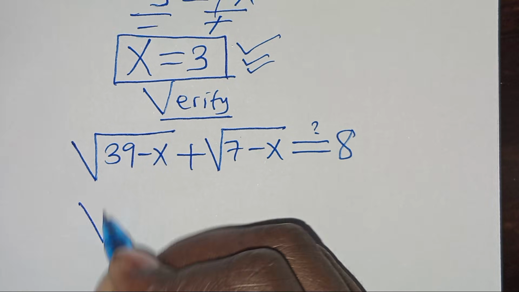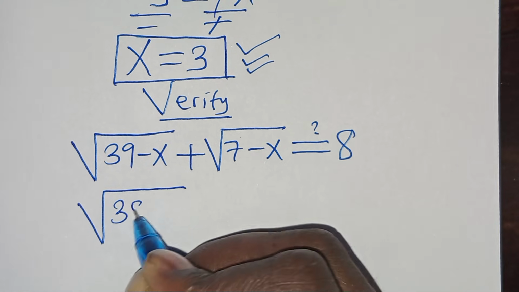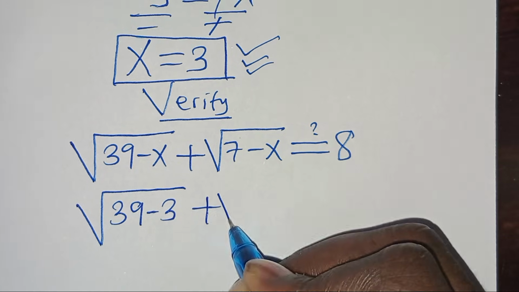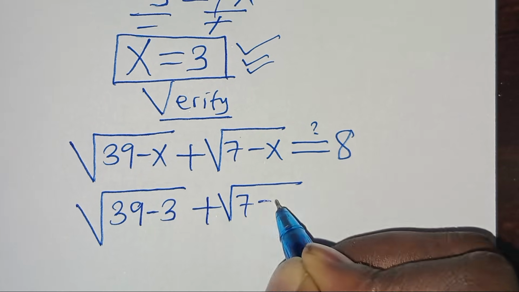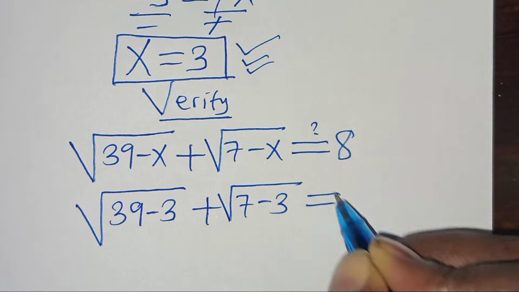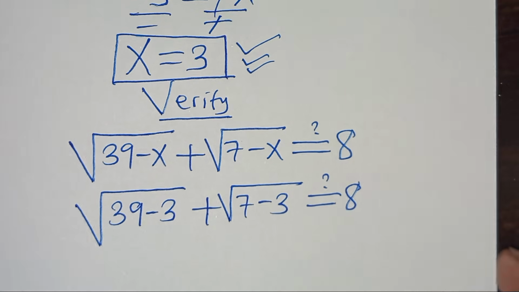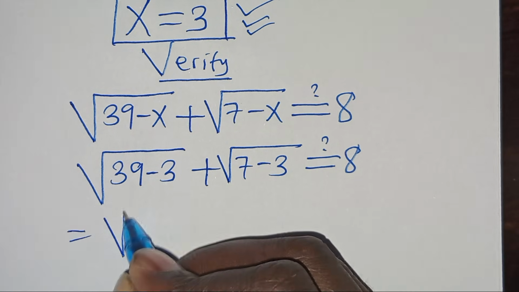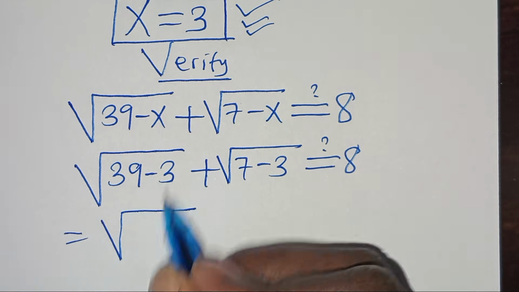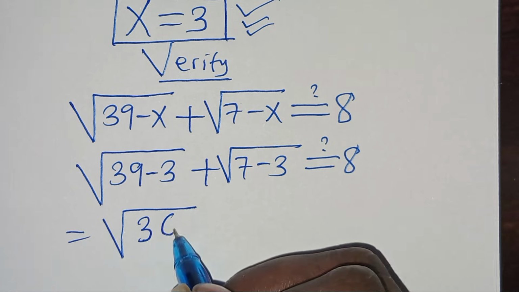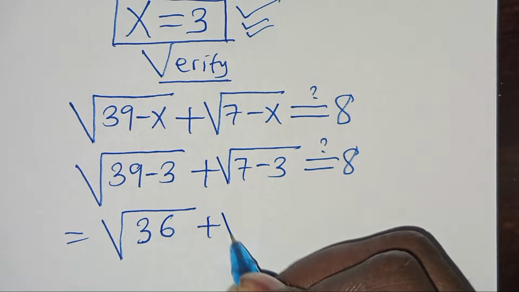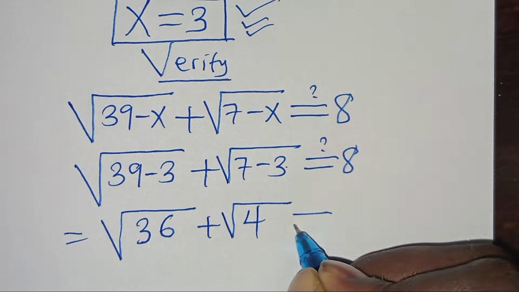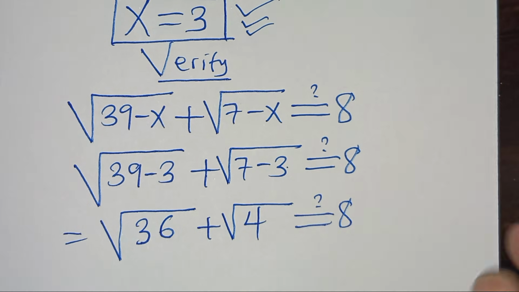So this means we have the square root of 39 minus 3 plus the square root of 7 minus 3. This is supposed to give us 8. So we have the square root of 39 minus 3, this is 36, plus the square root of 7 minus 3, this is 4. This should give us a value of 8.